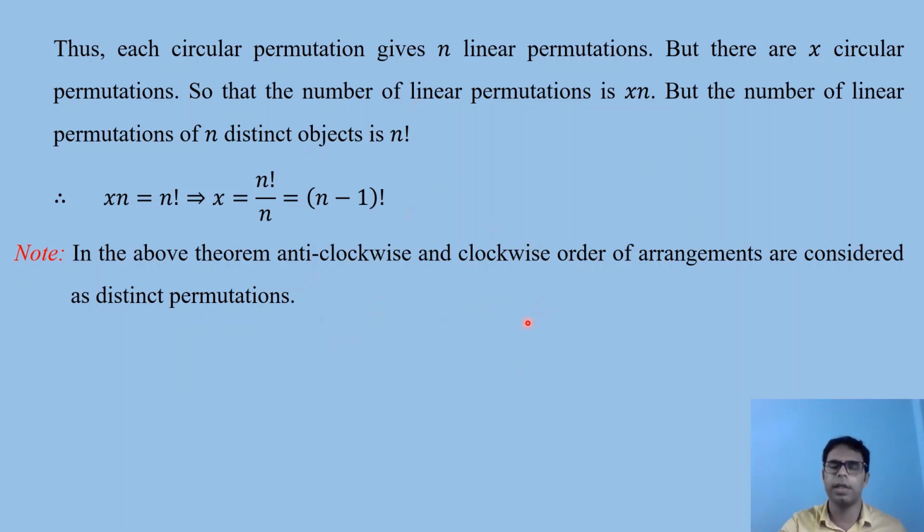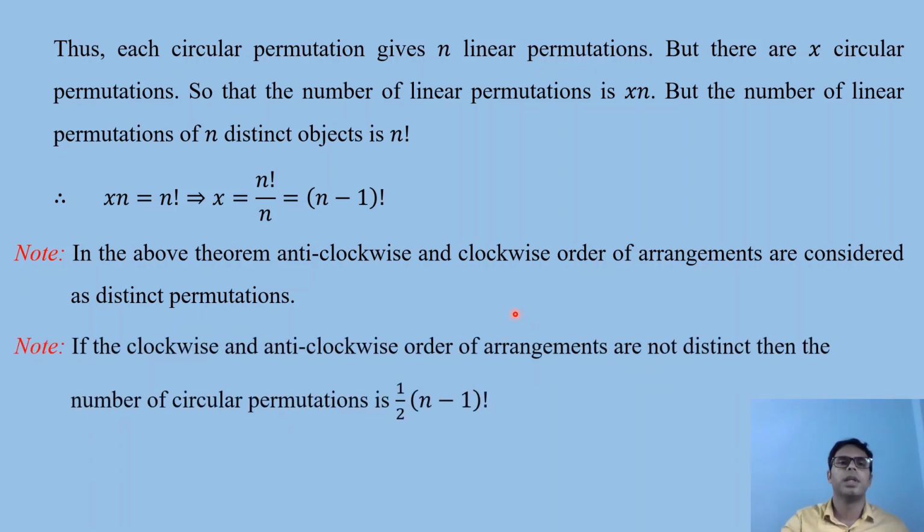That is indicated here. And the second case: if the clockwise and anti-clockwise orders of arrangement are not distinct, meaning clockwise and anti-clockwise are the same, then the number of permutations will be half of the total permutations.